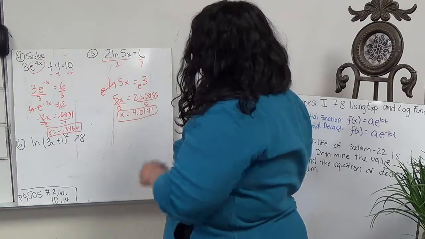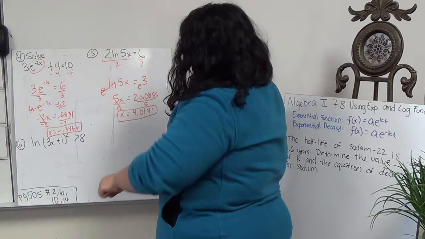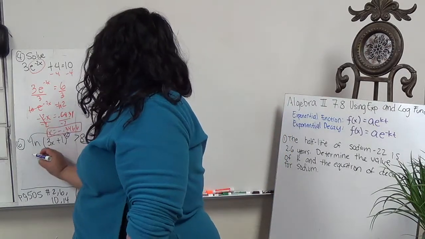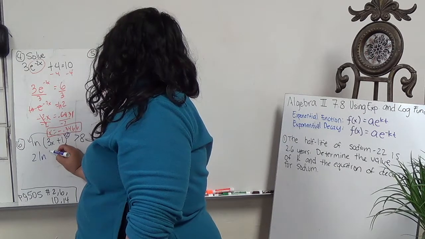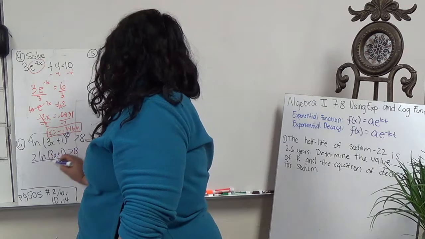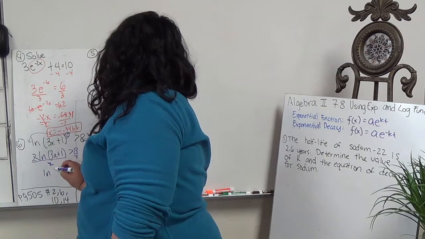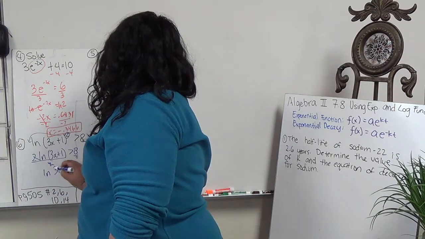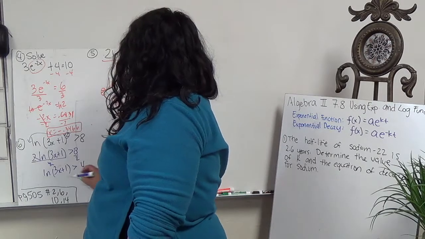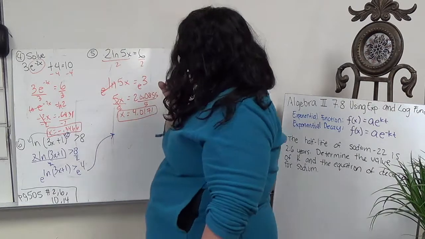I'm going to take this 2 and I'm going to bring it to the front, which gives me 2 ln of 3x plus 1 is greater than 8, which then I divide by 2. This cancels out, giving me ln of 3x plus 1 is greater than 4. And I'm going to e both sides.